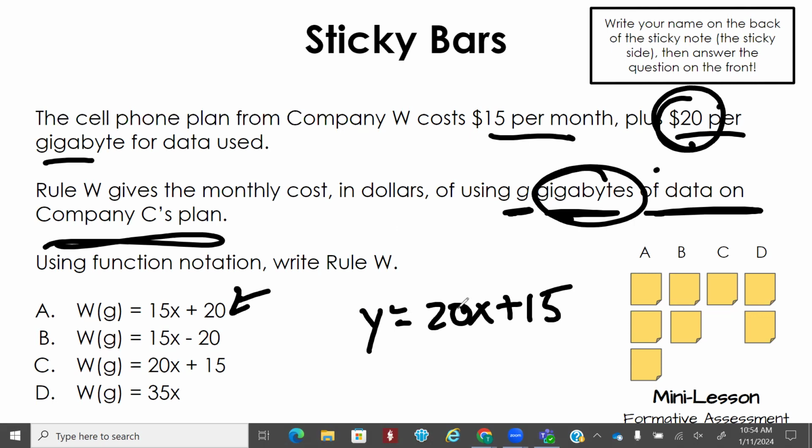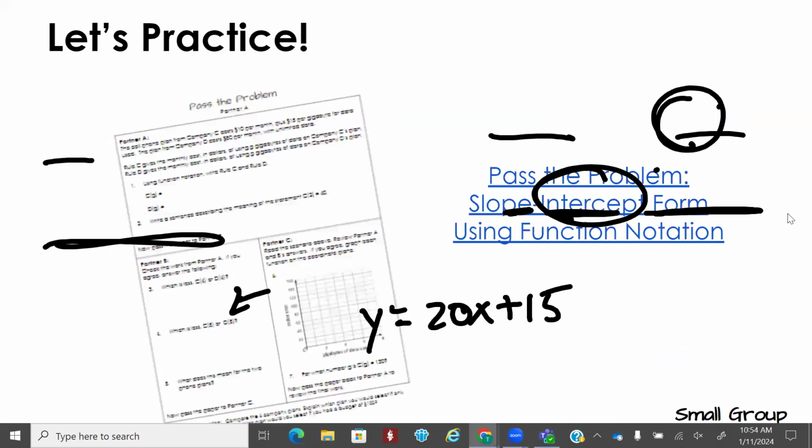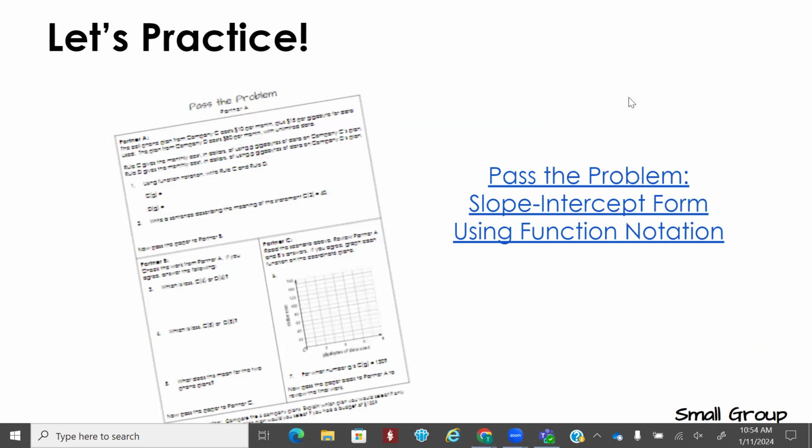All right. Go ahead and look at the paper that says pass the problem. Okay. You're going to work with your group members. Okay. And everybody's going to have one box to fill in. So you can be partner A, you can be partner B, you can be partner C. You can be the partners on the back, okay?